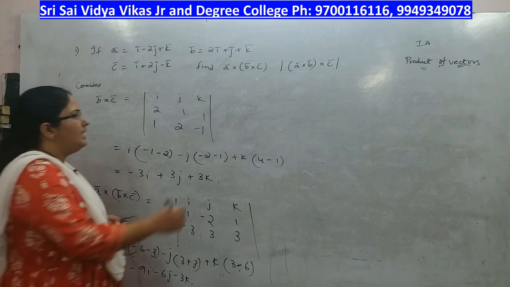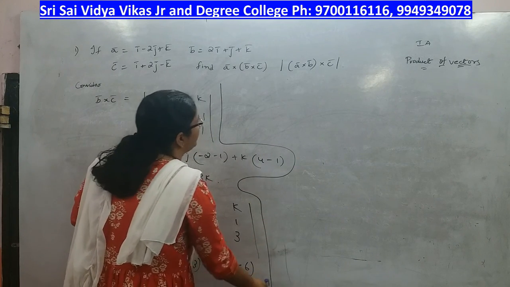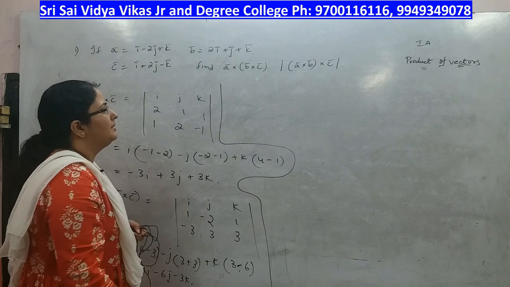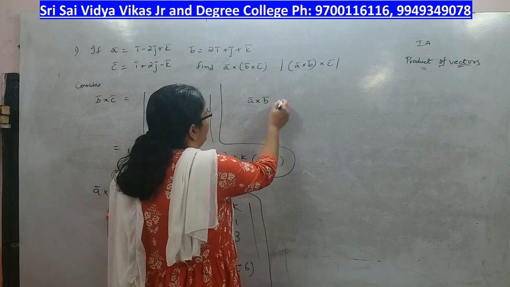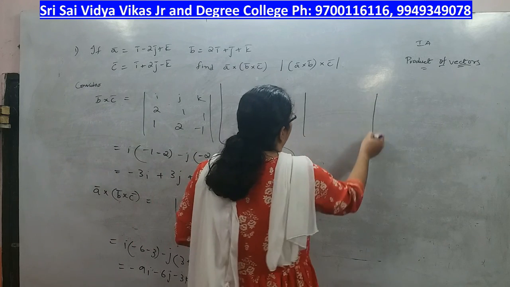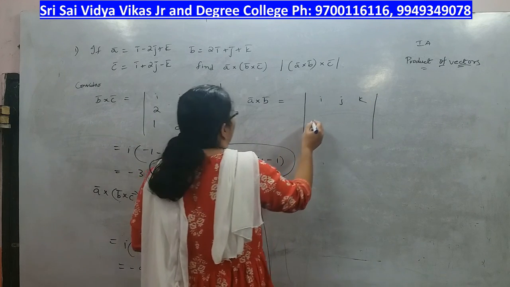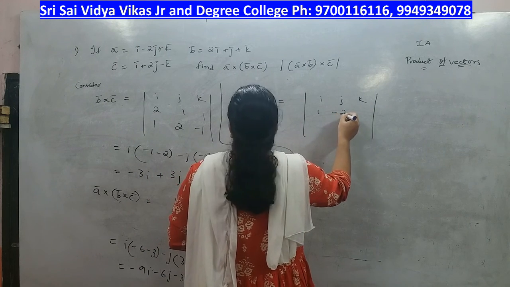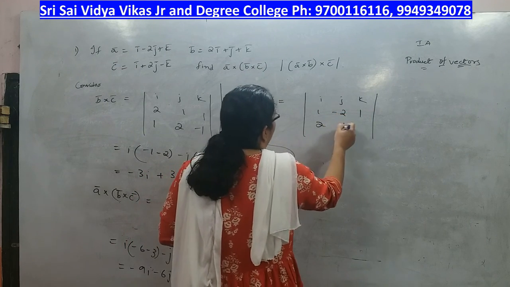Now we have to find a bar cross b bar cross c bar. So let us consider a bar cross b bar. A bar cross b bar is nothing but i, j, k. What is a bar? 1 minus 2, 1. B bar 2, 1, 1.